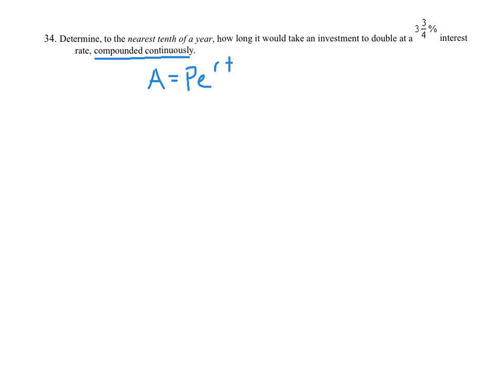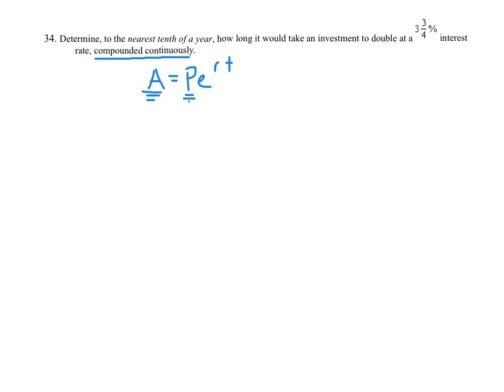Okay, now P would be our initial amount, and our A would be an amount after a specific period of time. In this case, they don't give us an initial amount if you read it, but we do know that the ratio between the initial amount here and the final amount here is a 2-to-1 ratio because it's asking how long it's going to take for the investment to double.